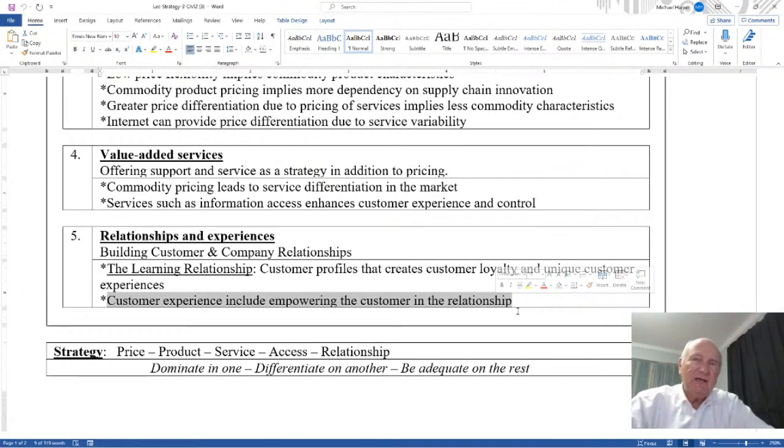And so an agile supply chain, a lean supply chain, even a resilient supply chain can impact the objectives of cost and service, but it can also impact empowering the customer. And the more you empower the customer, the more you create loyalty between the customer and the company, because there's where the customer profiles come in.